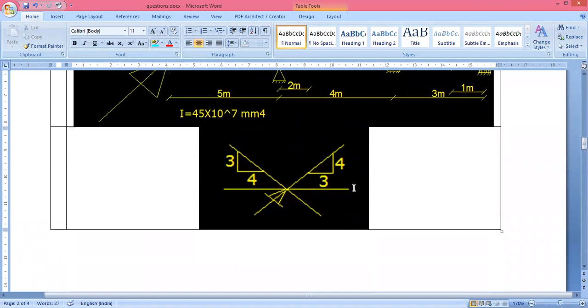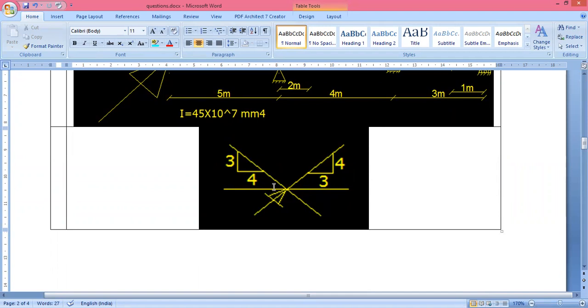You can see here that for the inclined support they have given the slope of this line, which is 3/4 or 4:3, but we want the support along this line, which is perpendicular to this inclined line, isn't it?